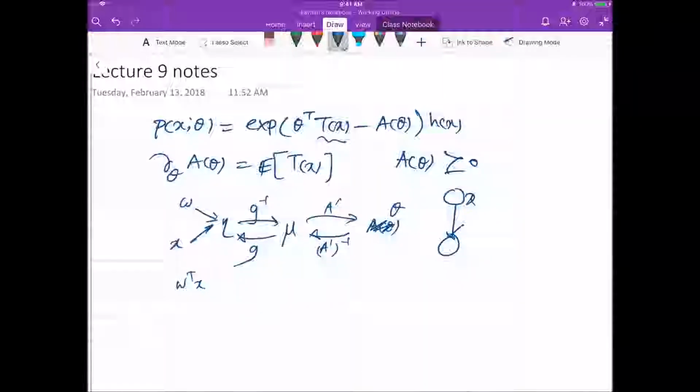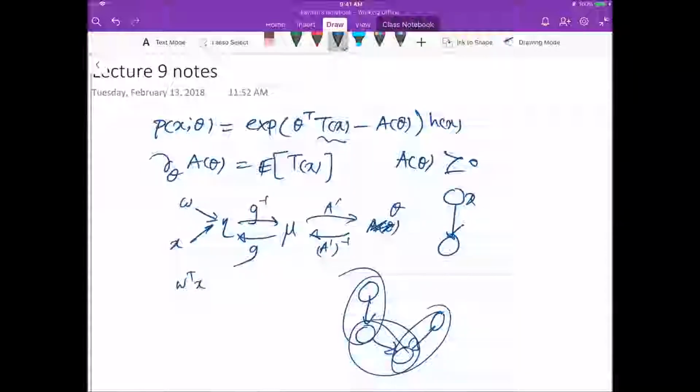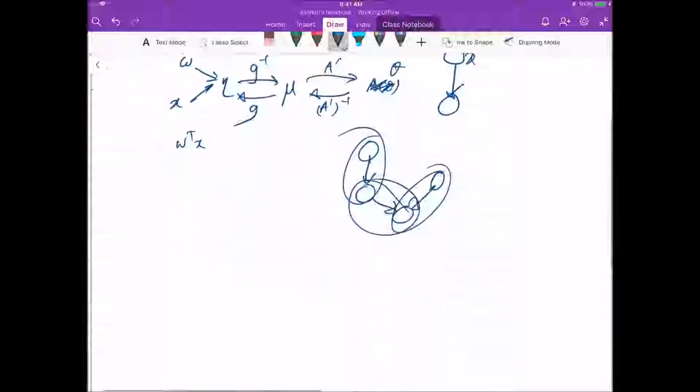And then we mentioned that if we have a fully observed Bayesian network, the maximum likelihood of the entire thing is going to be the maximum likelihood for each of these terms. We also mentioned UGM.